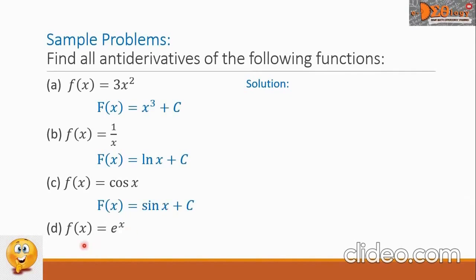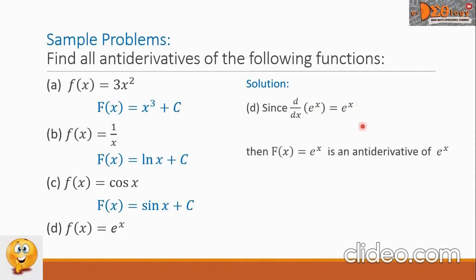Function d is f of x equals e raised to x. We know that the derivative of e raised to x is equal to e raised to x. Then, the capital F of x is equal to e raised to x is an antiderivative of e raised to x.